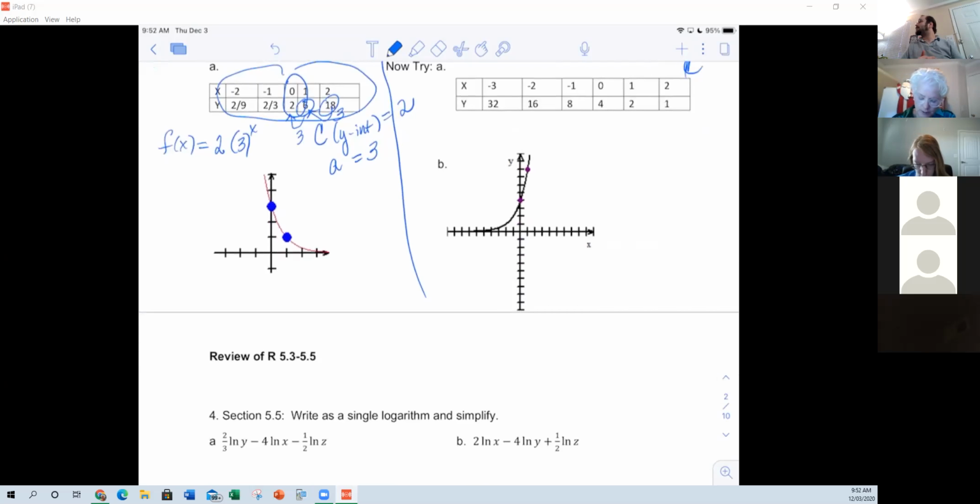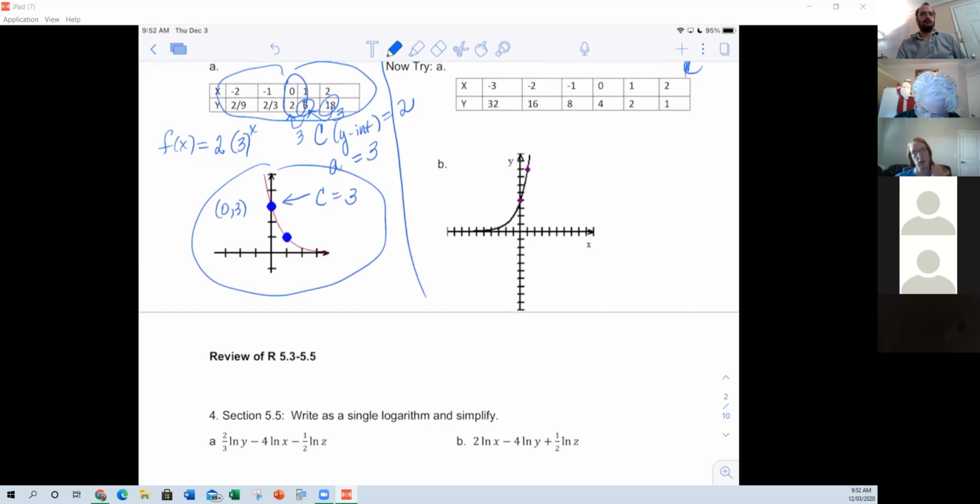Okay, so this one, I'm giving you the graph, and we can easily see that C is the y-intercept, which is 3. But now let's see what's our A going to be. Here I have 0, 3, and here I have 1, 1, and the y values are what we're looking at.